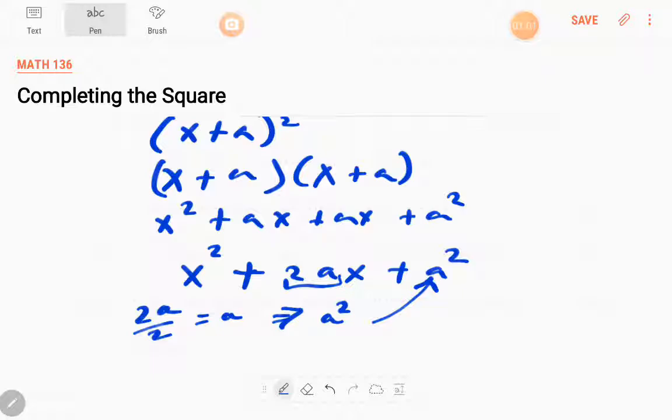And then we started with (x + a) squared. So again, half of that middle term with the sign that's here goes here, right? So half of the middle term, the b term, half of that with whatever sign is in front of the b term. And that's squared.